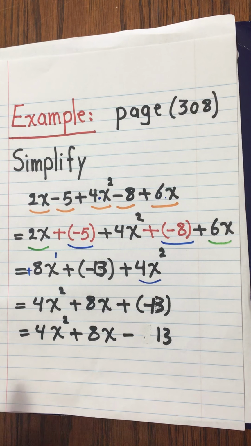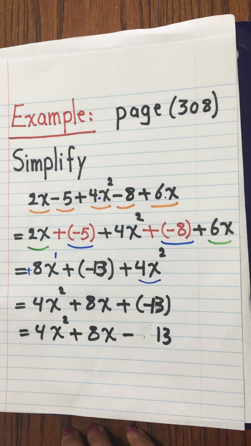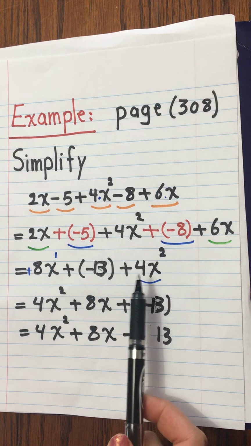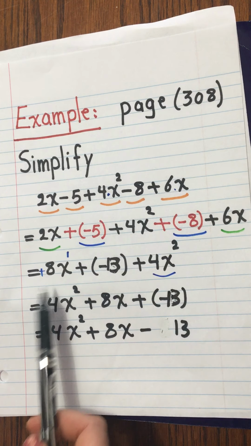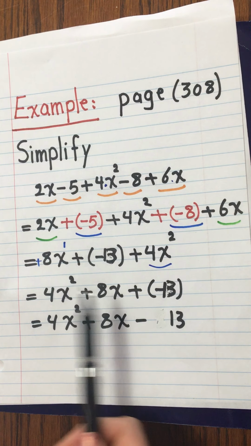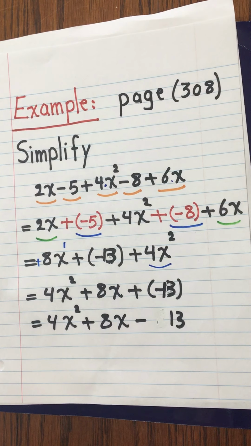But we always write the expression in order. So first, the term that has the highest power, I'm going to write it down. So now I have 4x squared plus 8x, because the power for x right here is 1.